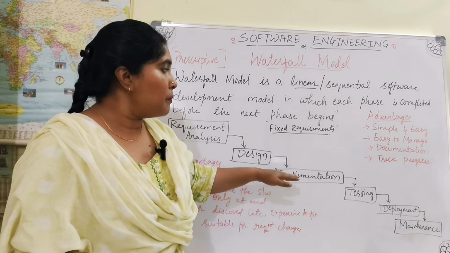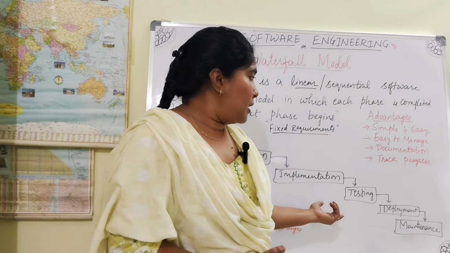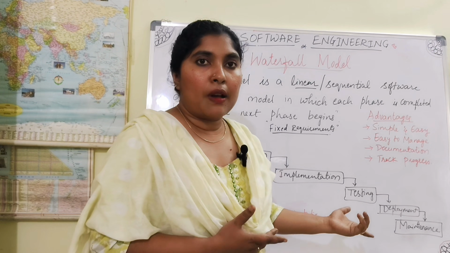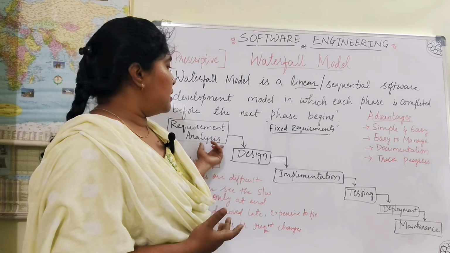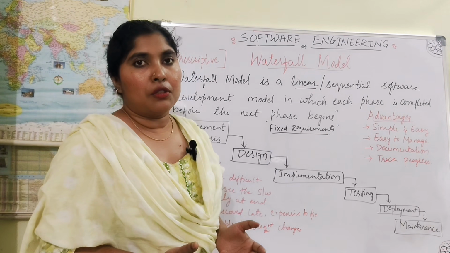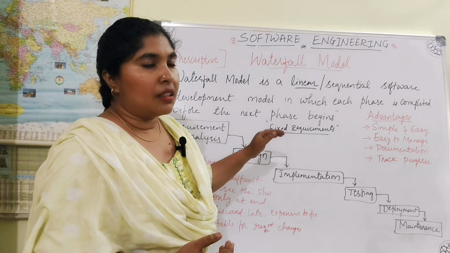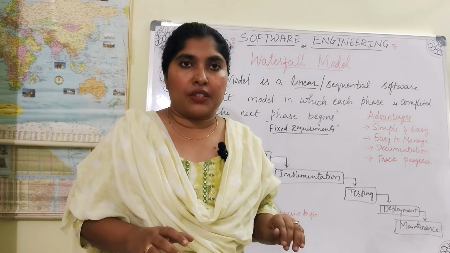If you see this diagram, from testing to implementation there is no arrow back, so that's why you cannot move back to the previous stage. Once you complete the requirement analysis, only then will the design phase begin. So it means that in the waterfall model the requirements are fixed.